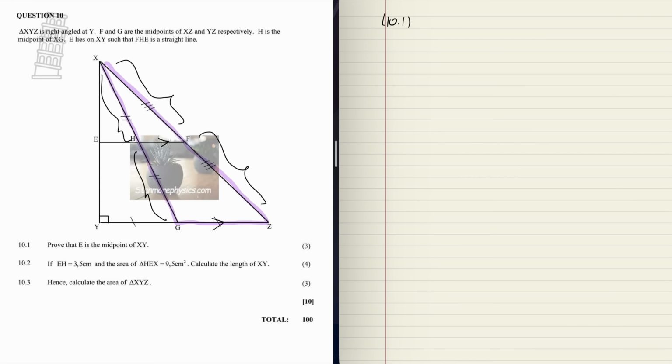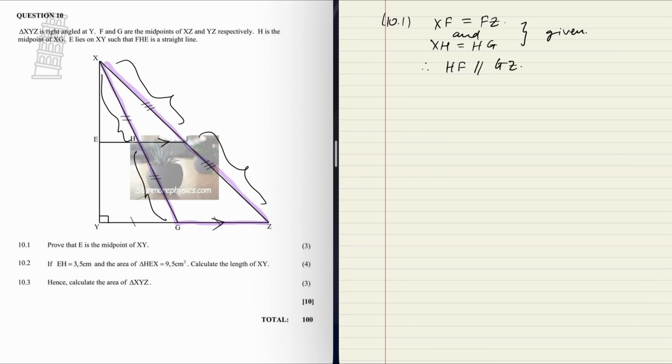So let's start by writing it out. So we'll say XF is equal to FZ, and XH is equal to HG. And we know this because it was given to us. So we can say, therefore, the line HF must be parallel to the line GZ.